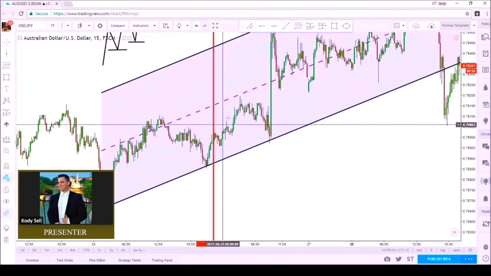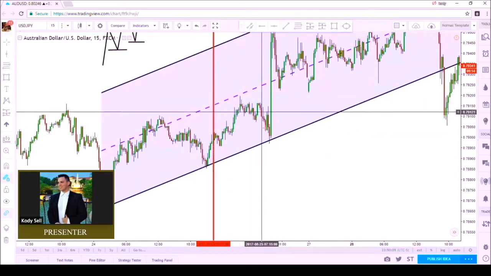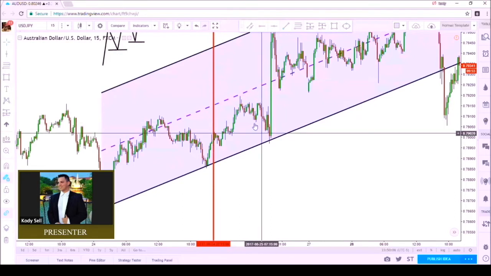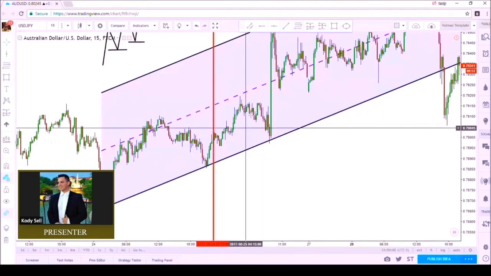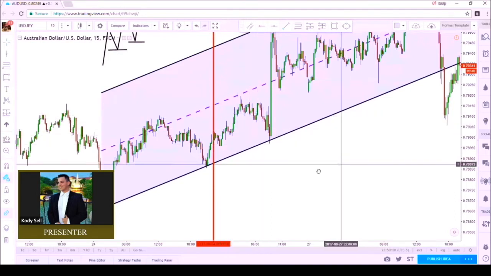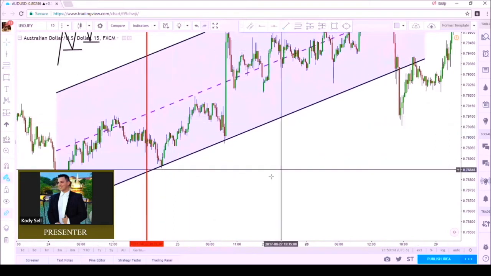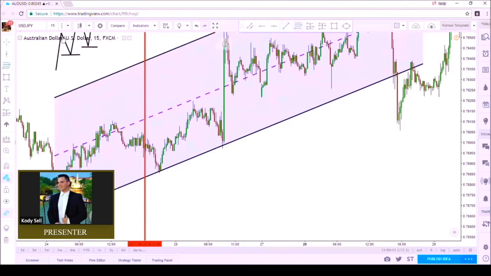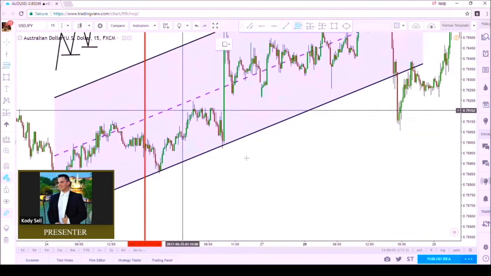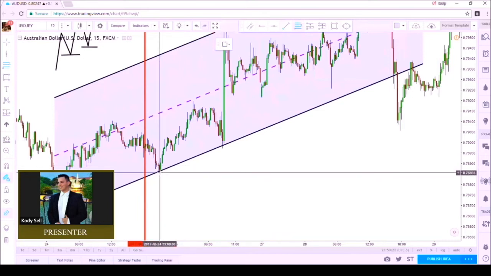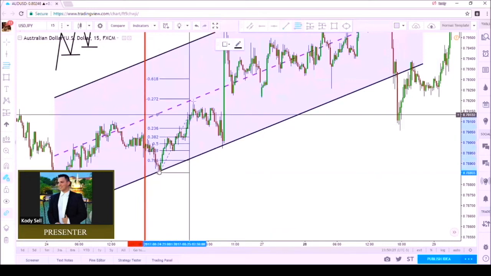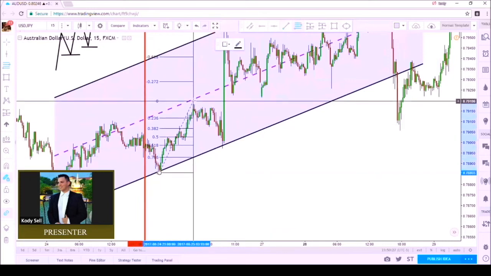You're coming up, and you're down here in this area. And your job is to figure out where we should see the market reverse. Well, what you're going to do is take your Fibonacci tool and come down here to the bottom of this swing where the swing began, click, and then drag up to the top where we saw the swing go.